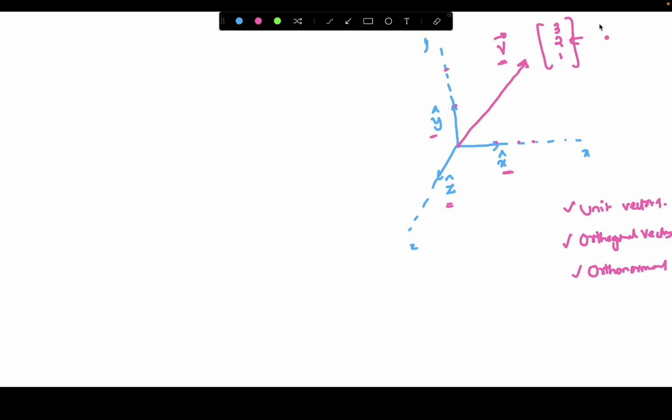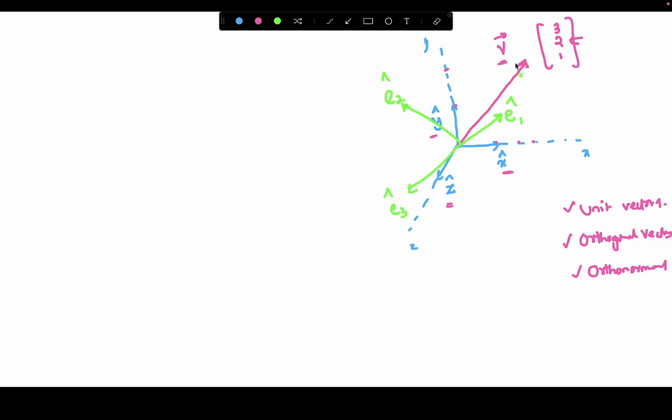All right. The same vector here can be represented in terms of other basis vectors altogether. So for instance, this is your E1 hat, this is your E2 hat, and this is your E3 hat. All these E1 hat, E2 hat, E3 hat would define all the vectors that are present in your vector space again.